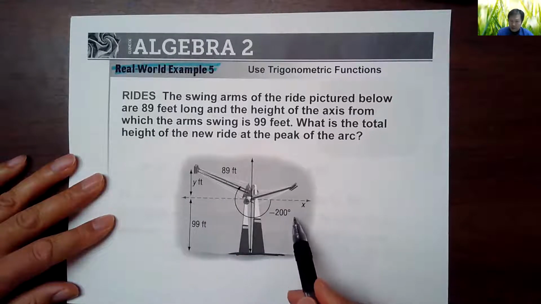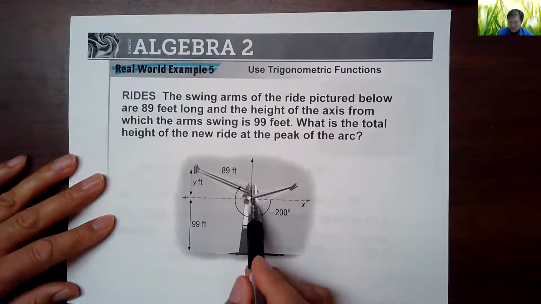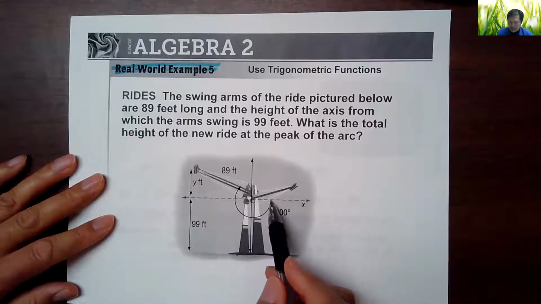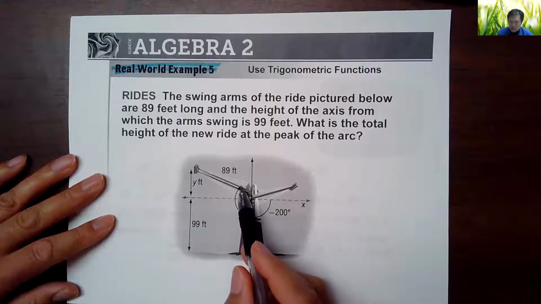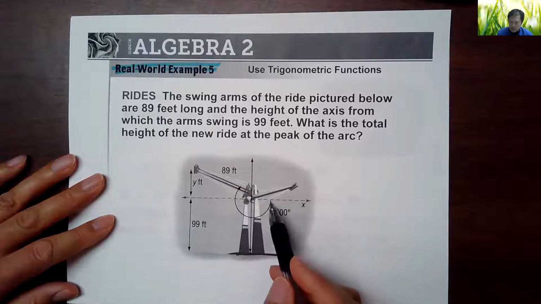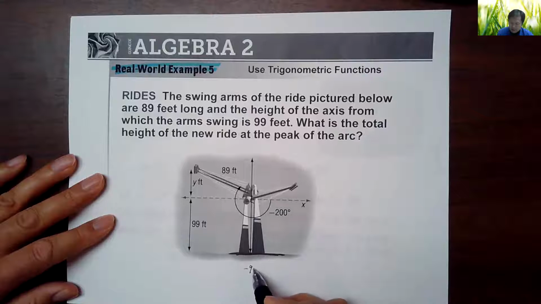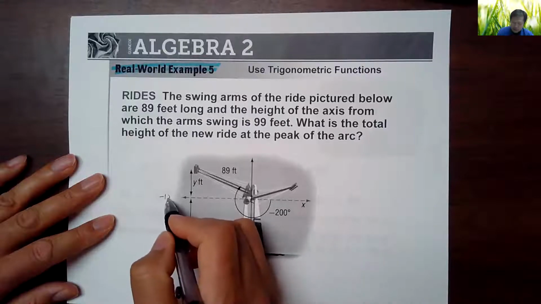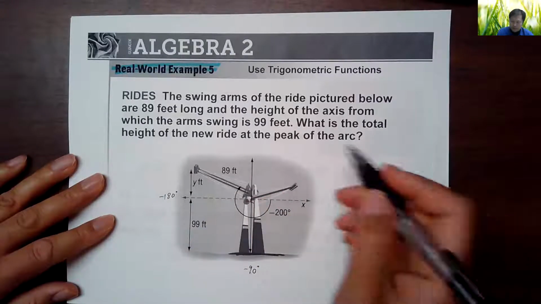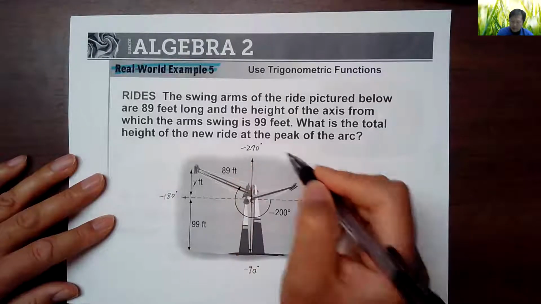So, we have an angle from the positive x-axis clockwise, minus 200 degrees. That's minus 90 here, minus 180 degrees here, all the way up to here, which is minus 270 degrees.